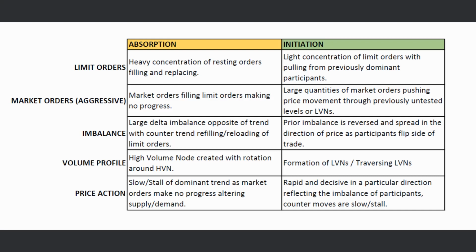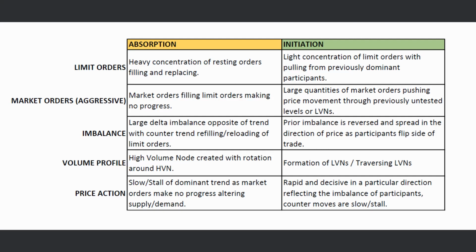As far as initiative activity, limit orders during initiation often become a little bit scarce, creating a potential imbalance in who's stepping onto the book. So when you see initiation out of absorption, you're going to start to see pulling on the other side.